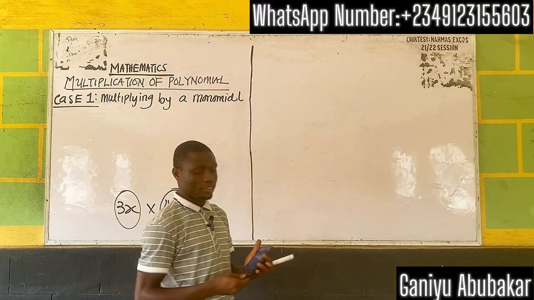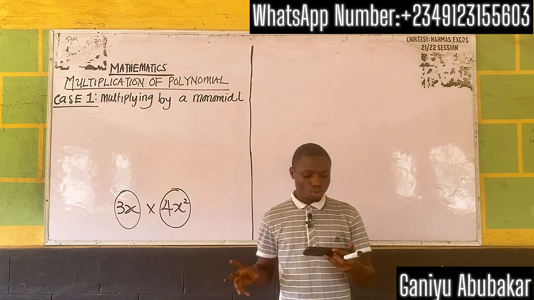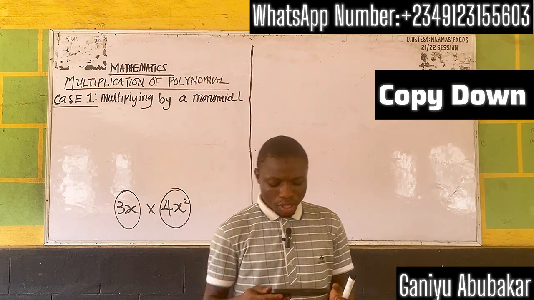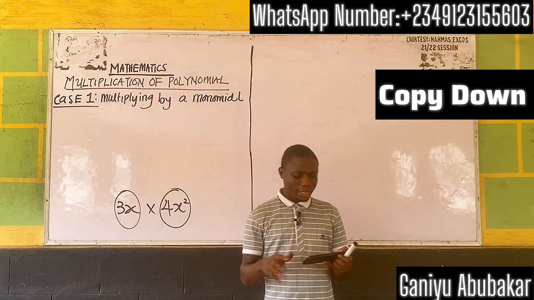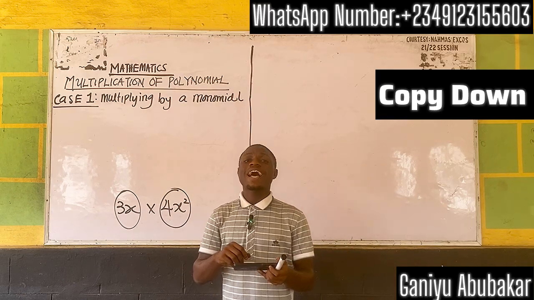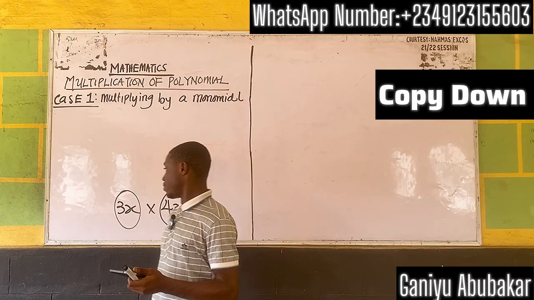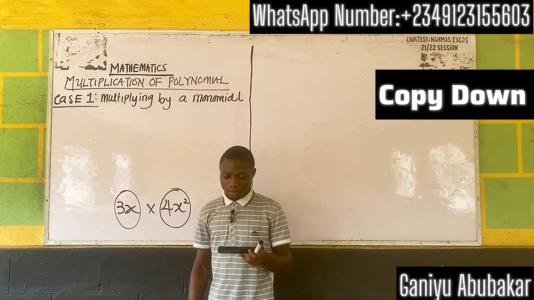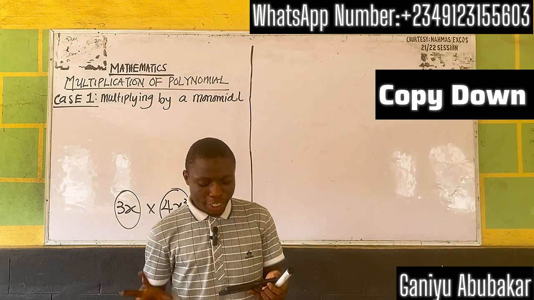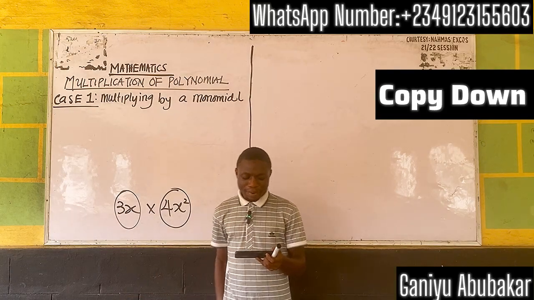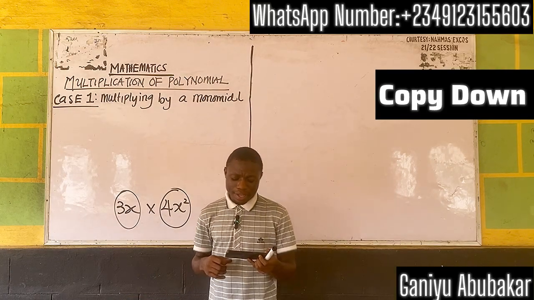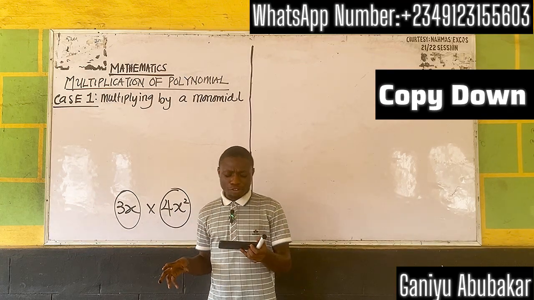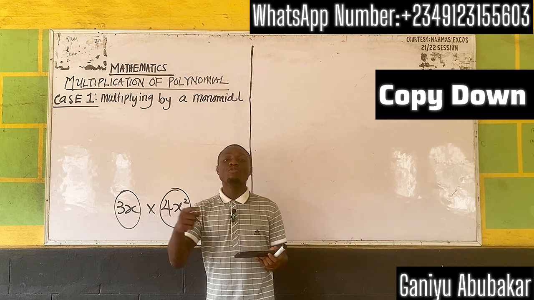First things first, put down please: when multiplying two expressions with the same base, add the exponents. This rule applies when multiplying a monomial by a monomial.